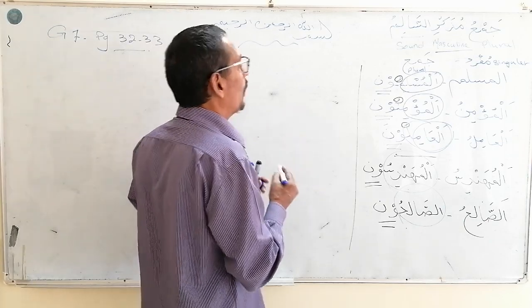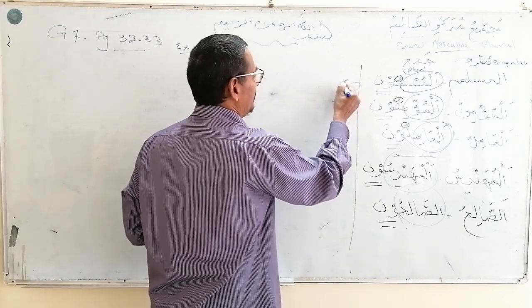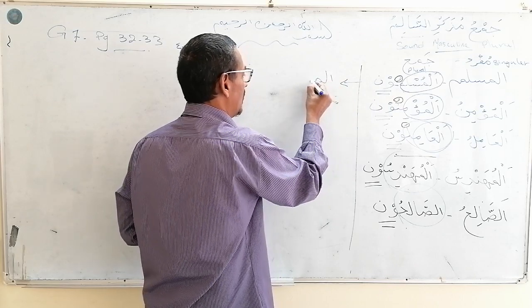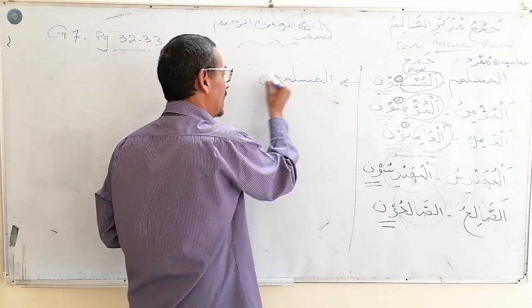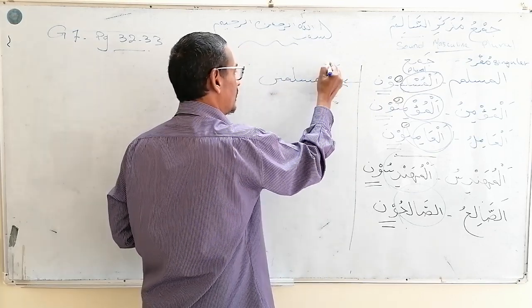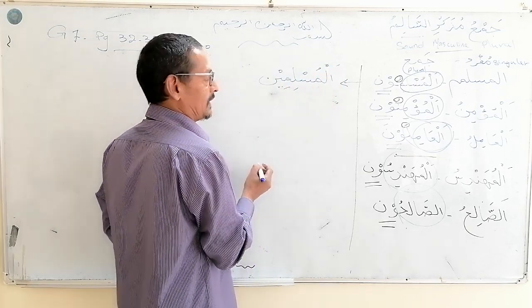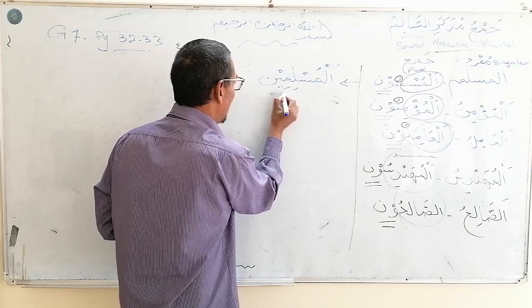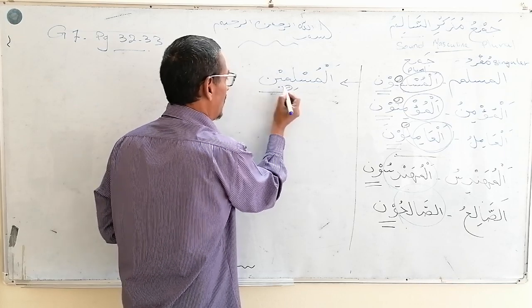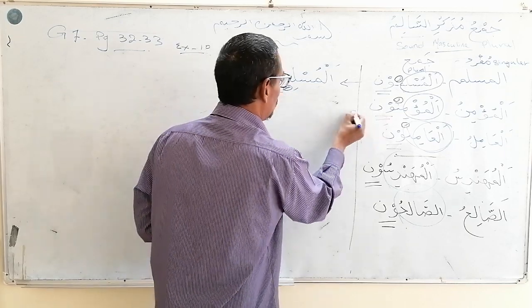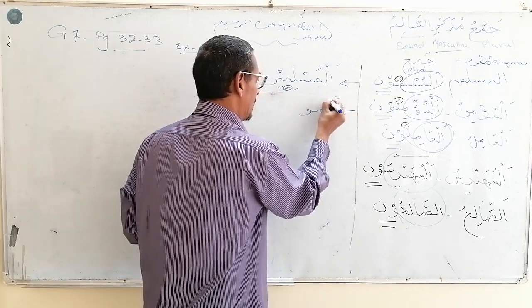There is another form of jam'u al-muzakkar as-salim. Al-muslimun becomes al-muslimina. This is also jam'u muzakkar salim, ending with ya noon, and before ya noon you have kasra. Al-mu'minun becomes al-mu'minina.